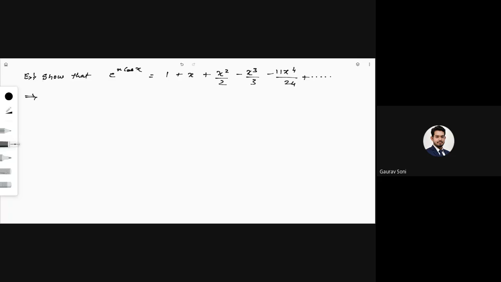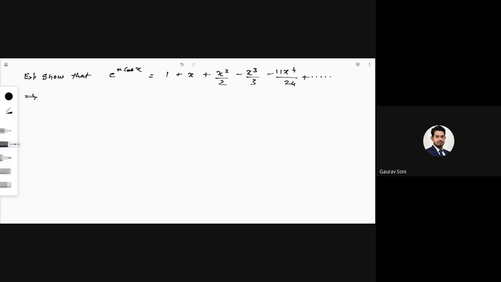Daksh, how can we get the series here? Just trying, sir. So by taking the log on both sides, maybe. Okay.